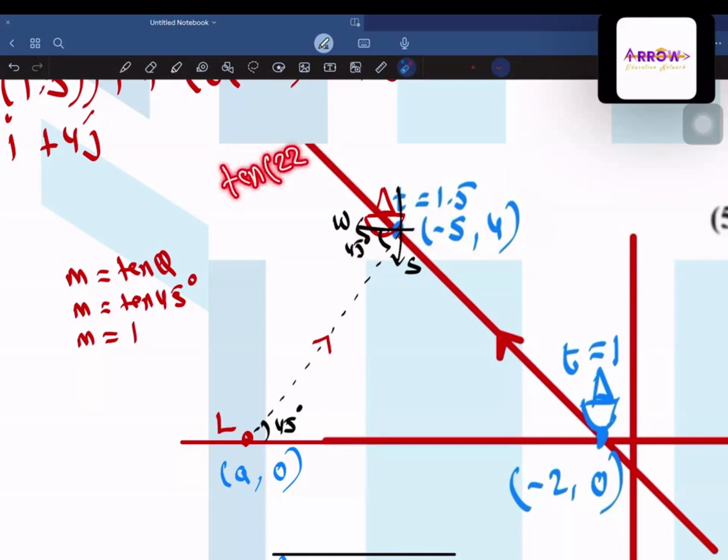So tan 225 is also equal to 1. You can also find the gradient in this way. So this is how you approach these types of questions.